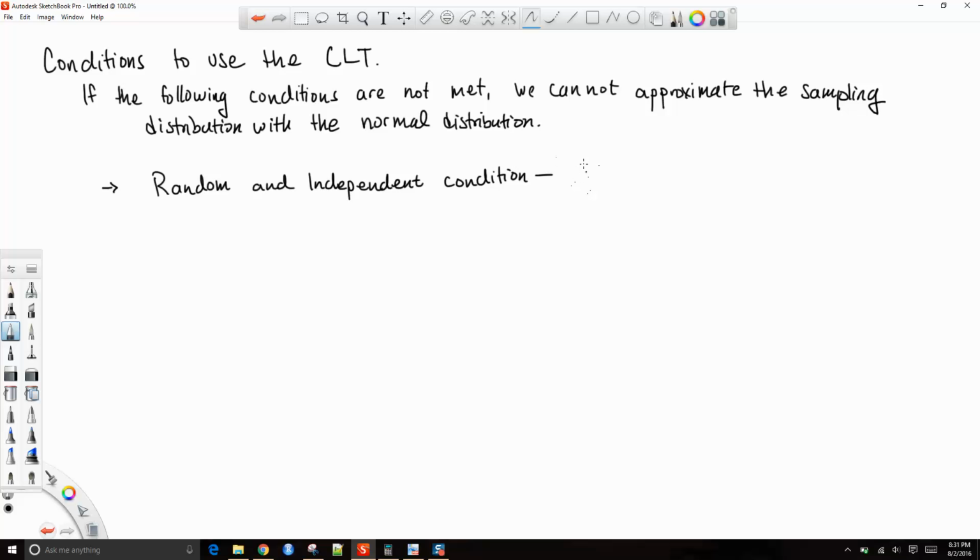This means that the sample that we are looking at has to be selected randomly, and individuals must be selected independently of each other.